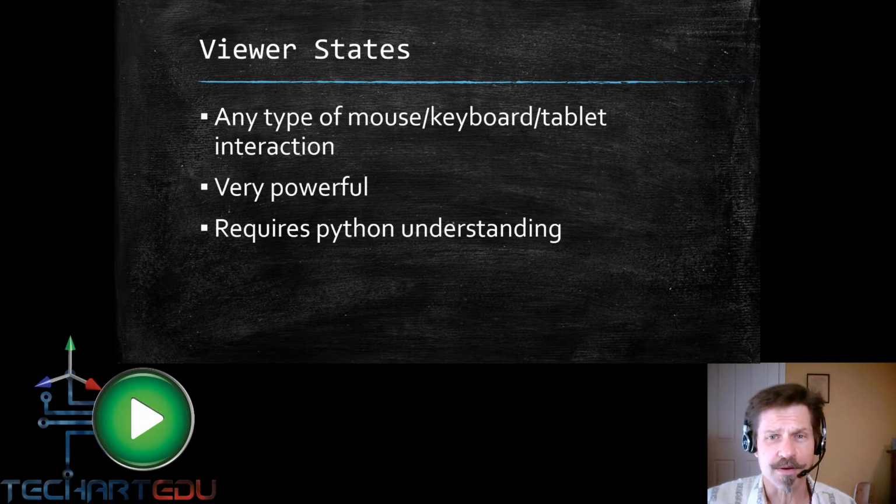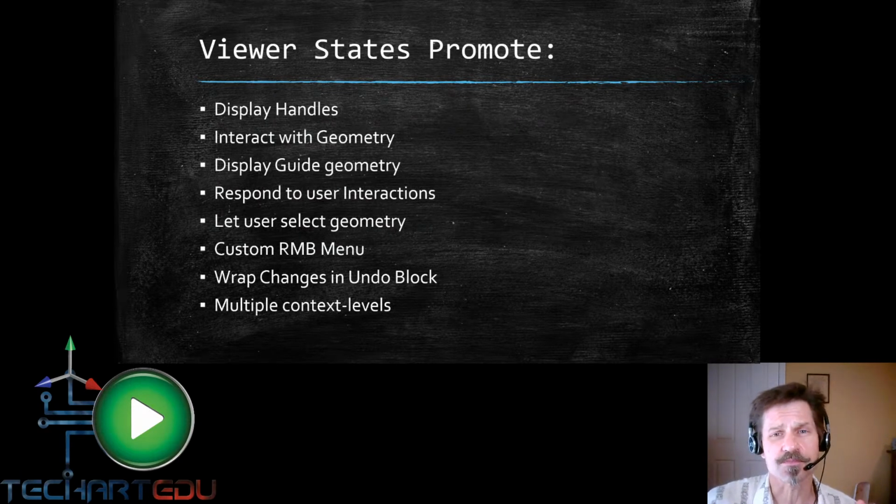But anyway, let's talk more about the viewer states. Viewer states are awesome because they allow you to do a lot of things like promoting display handles. You get to interact with the geometry. As you can see, we're going to interact with some geometry today. We can display guide geometry, which is an addition beyond the regular geometry. We can respond to user interactions.